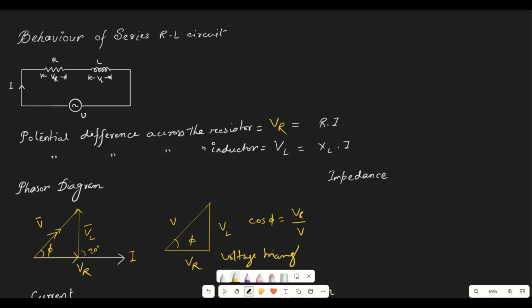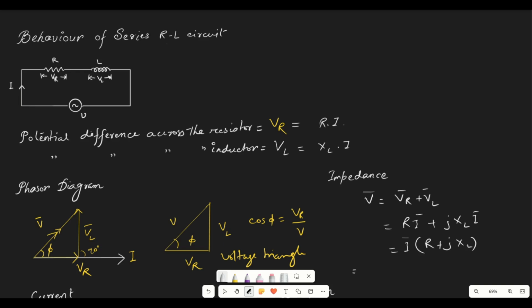Now let us move on to the impedance. To determine the impedance, we already have V equals VR plus VL, right? This can be written as VR is R I and VL is j XL into I. If I take I common, it becomes R plus j XL.